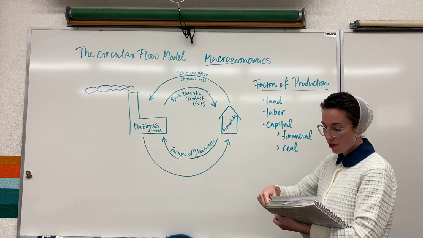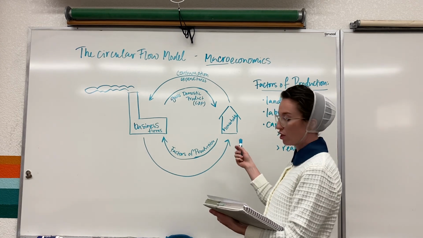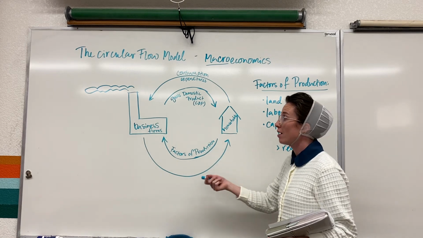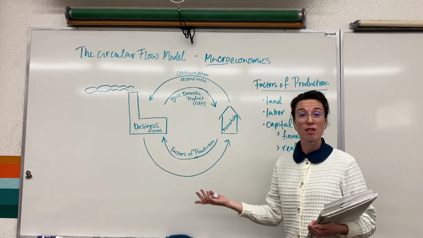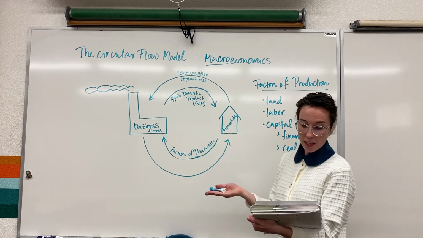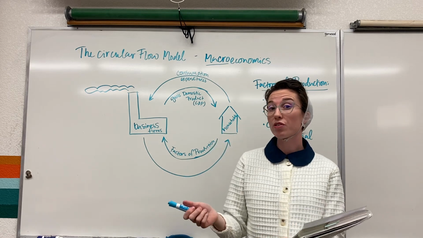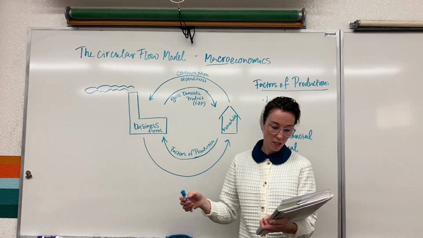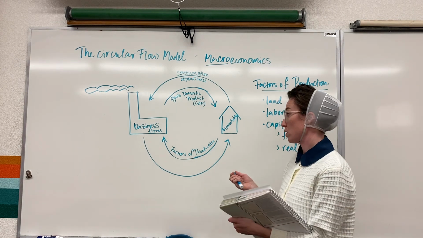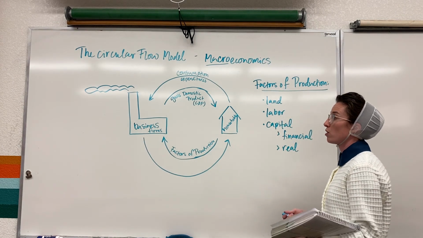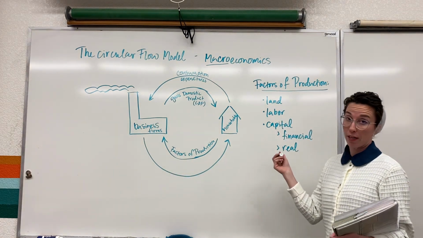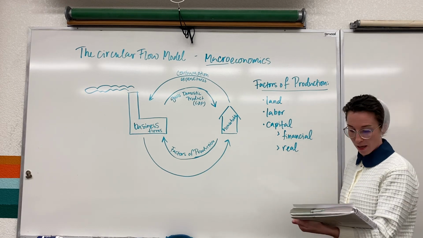Financial capital is all the money that the household loans directly to business firms. This could be by buying stocks, by investing in the business, and that would be considered financial capital. Real capital, on the other hand, is all the tools that are used to produce goods and services. So this could be things like a tractor would be real capital for a farmer, for a farming business, things like that.